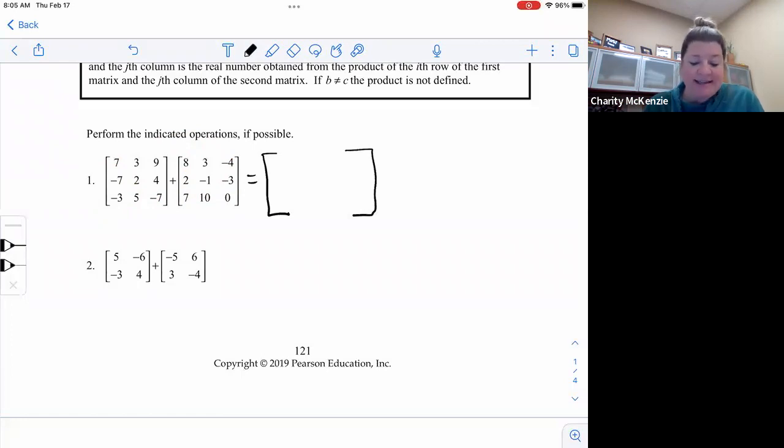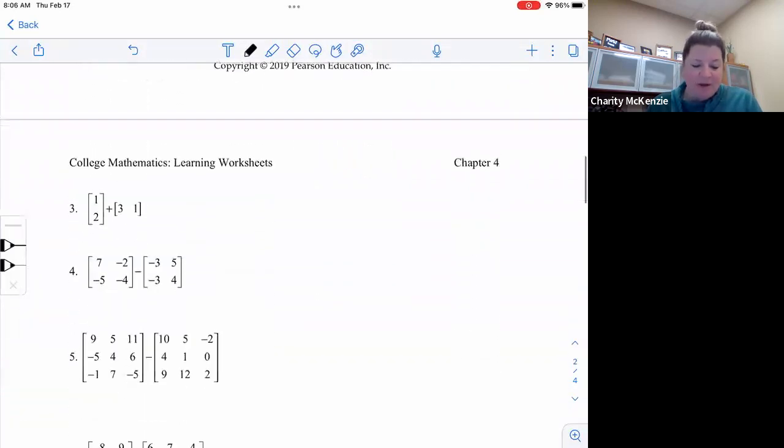And we just go, okay, 7 and 8 make 15. 3 and 3 make 6. 9 and -4 make 5. -7 and 2 make -5. 2 and -1 make 1. 4 and -3 make 1. -3 and 7 make 4. 5 and 10 make 15, and 0 and -7 make -7. That's it. So addition and subtraction is pretty easy.